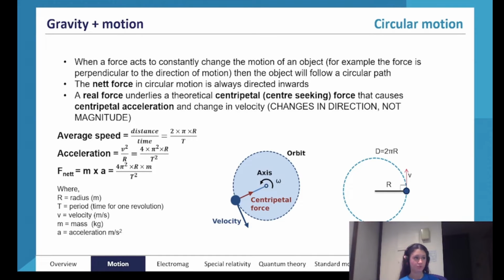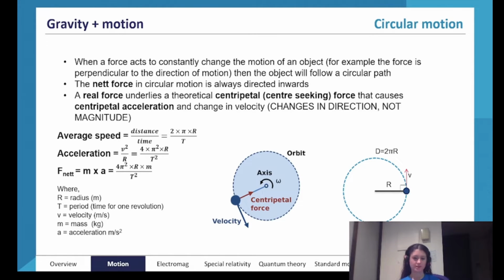So, the net force in circular motion is always directed inwards. Before we get into the other elements of circular motion, I'll explain one common misunderstanding with circular motion: why the force and the acceleration act inwards.